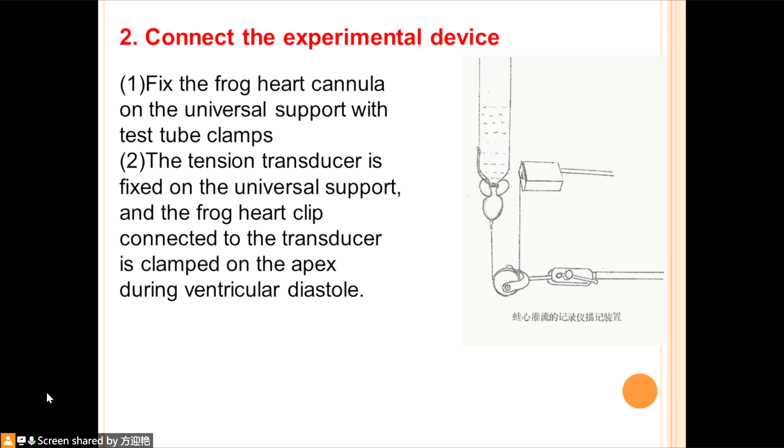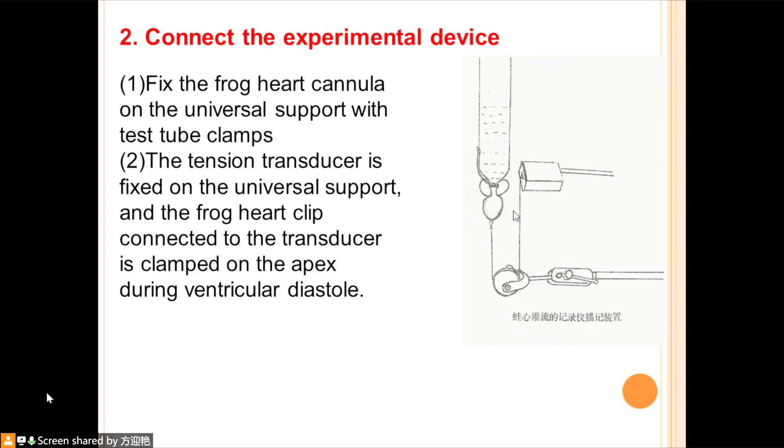The frog heart clip connects with the tension transducer, and the transducer is clipped on the apex, at the ventricular dilation. This is fixed.